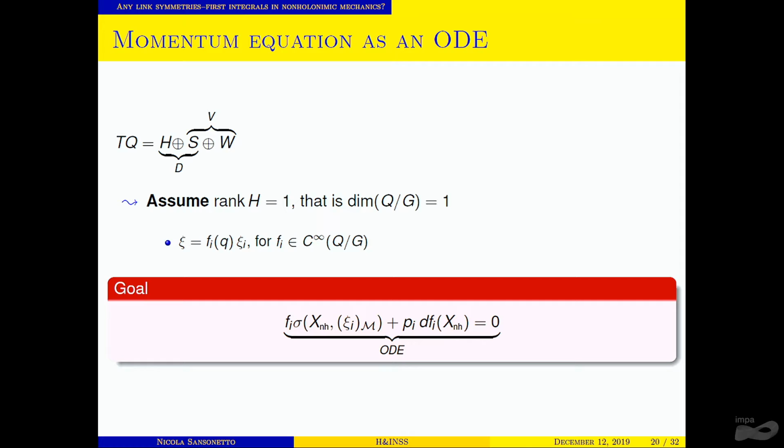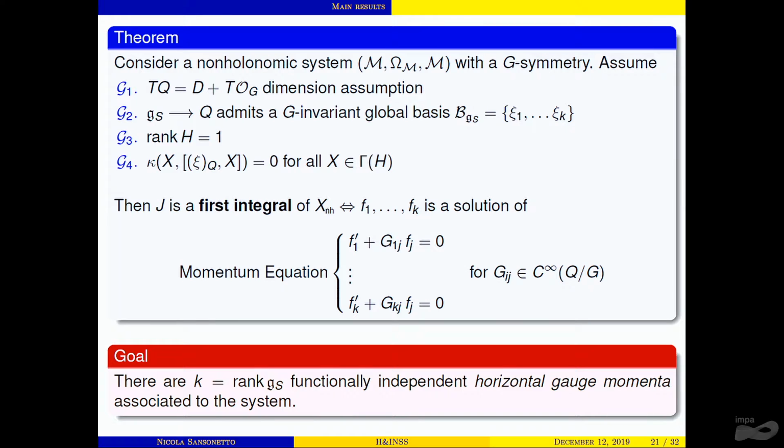So they are G-invariant functions. And since this space is one-dimensional, it tells us that the momentum equation now is a system of ordinary differential equations. And in this case, we can have more information. In particular, we can state our main result.